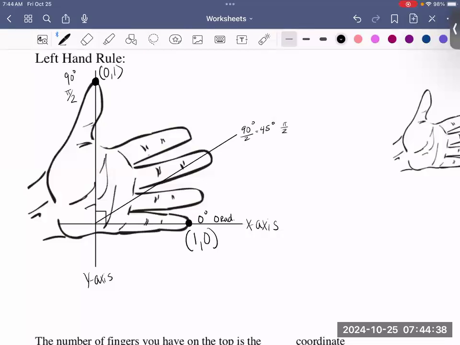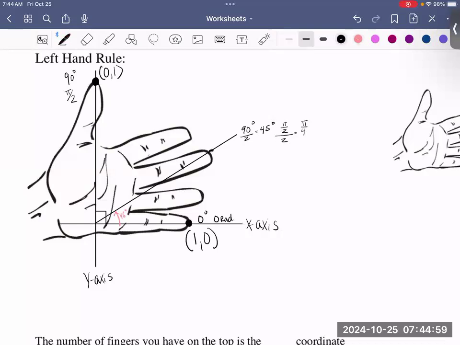Or we take pi over 2 and similarly cut it in half, so now we have pi over 4. That means your middle finger represents a 45-degree angle, or pi over 4.